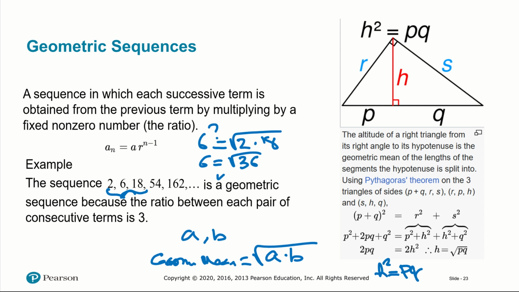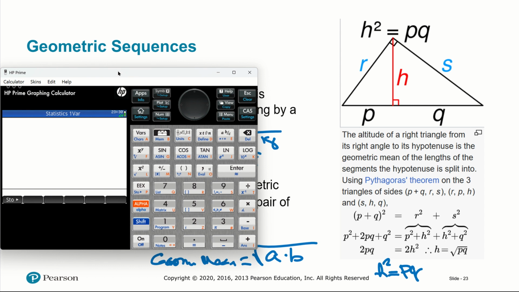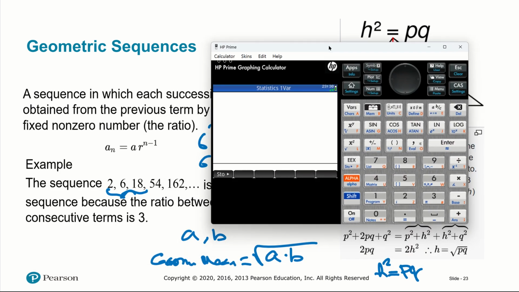So for example, you can try it with 54, 18, and 162. Let's bring up a calculator and we'll use that. So if what we're saying is true, then if we take the square root of 18 times 162, think about it for a minute.